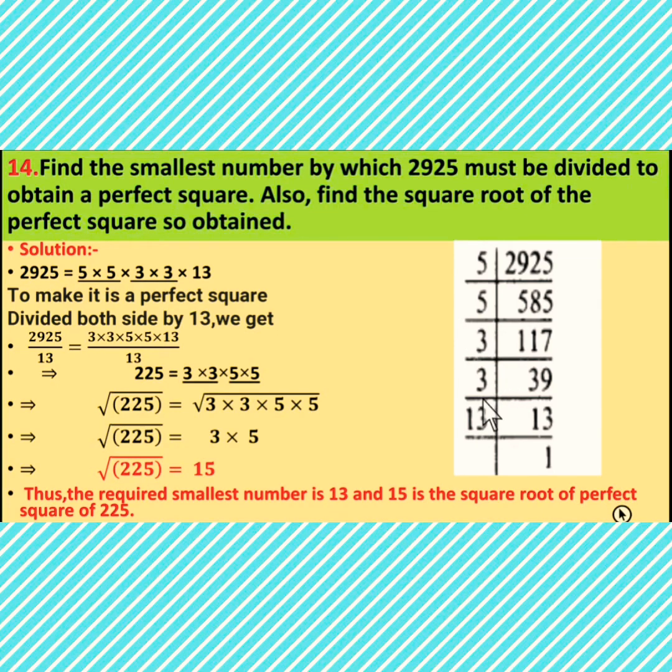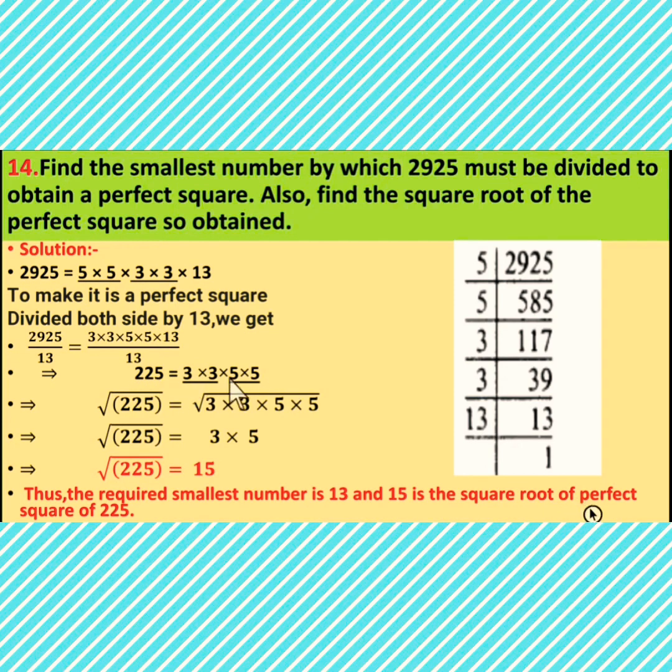You can see that 5 makes a pair and 3 makes a pair, but 13 does not make a pair. So we divide by 13 on both sides to make it a perfect square. When we divide 2925 by 13, we get 225, and here 13 and 13 cancel out. So the remaining is 3 into 3 into 5 into 5.